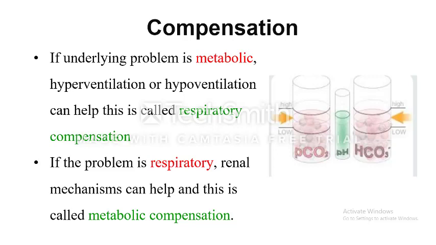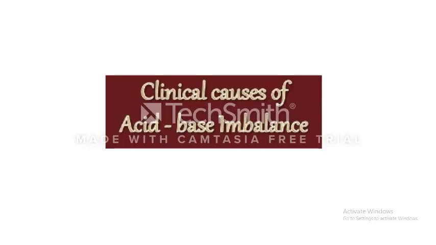But if the problem is respiratory, then what happens? Renal mechanisms can help, and this is called metabolic compensation. You see how the respiratory and the renal mechanisms are working together to compensate each other.